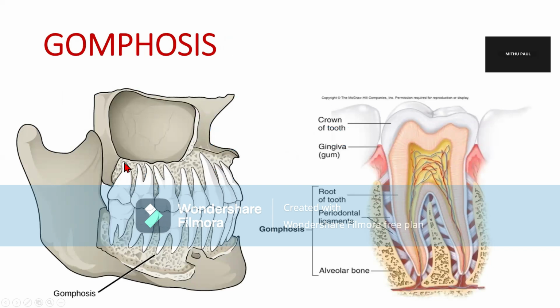See, this is the bony socket where the tooth is received, and it is fixed to the socket with fibrous tissue lying on the peripheral part of the dental root. Odont means tooth. So it is the periodontal membrane, and this is known as gomphosis.